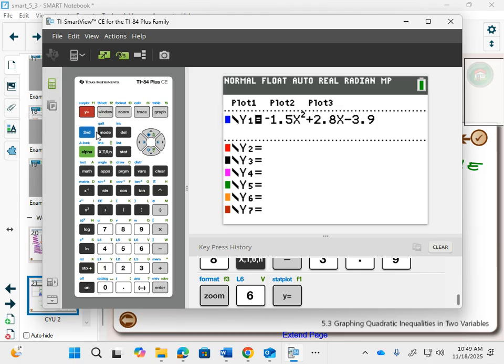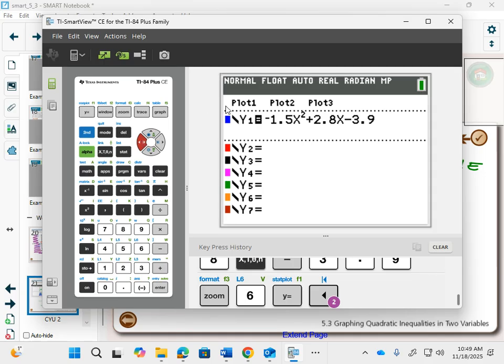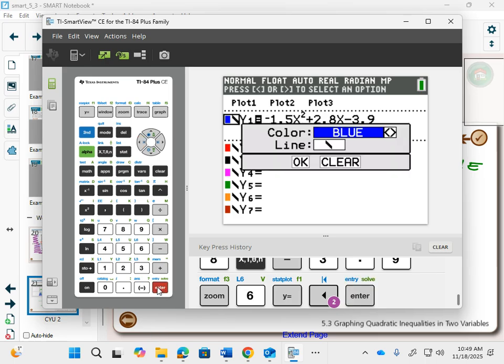If after typing it in, you go over to what is selected here, I've got the color blue and a line. If you have a black and white calculator, it doesn't give you a color option. But if I push enter on this, it lets me change things. It lets me change the color, which I'm fine with.